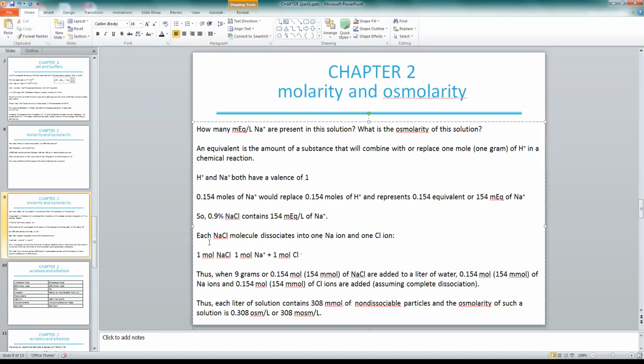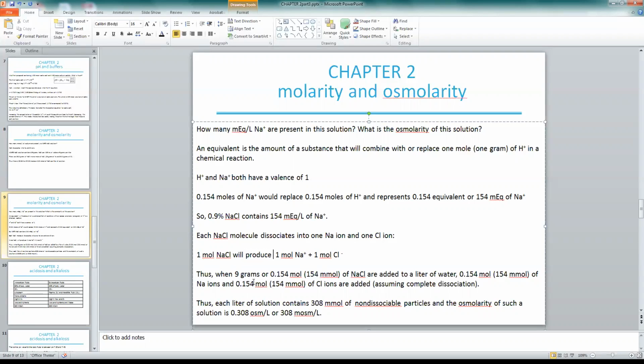Now, each sodium chloride molecule would dissociate in water into one Na plus ion and one Cl minus ion. And so 1 mole of NaCl is going to go to 1 mole of Na plus and 1 mole of Cl minus.